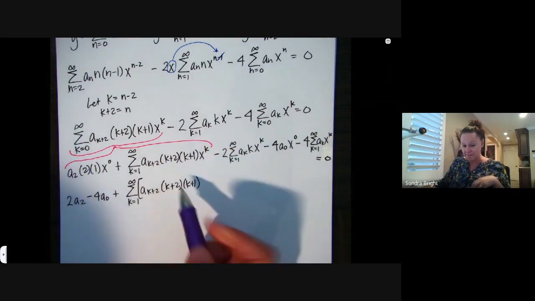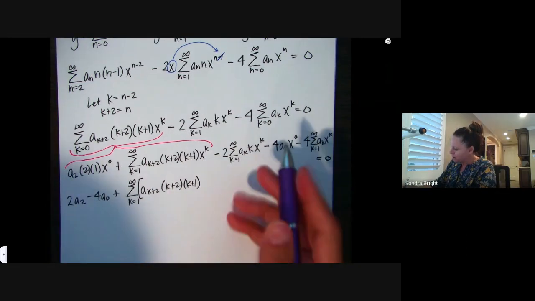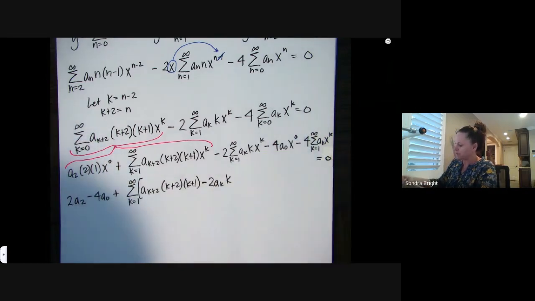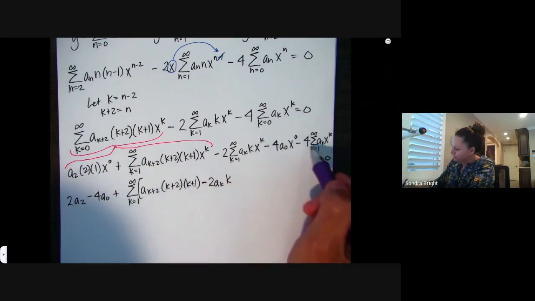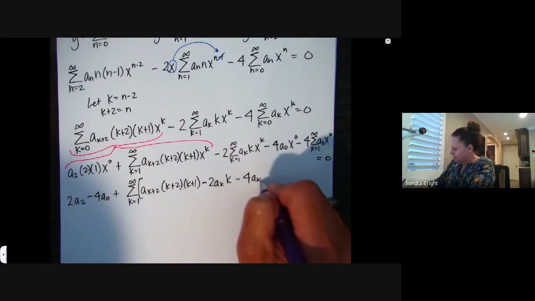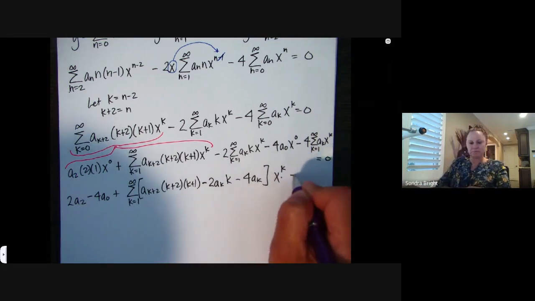So I'm going to factor that out. And then a minus 2a sub k times k. I guess I should have stuck that k in front there. Oh well. Times x to the k, but I'm pulling that guy out. And then a minus 4a sub k times x to the k, and then it's equal to 0.